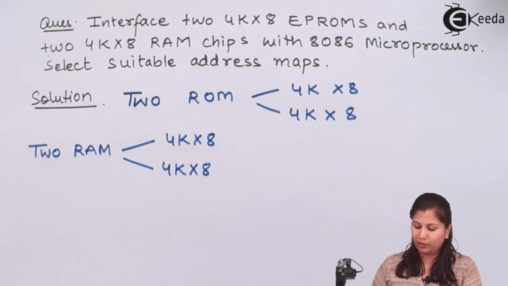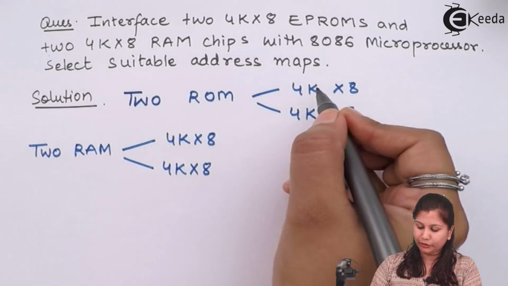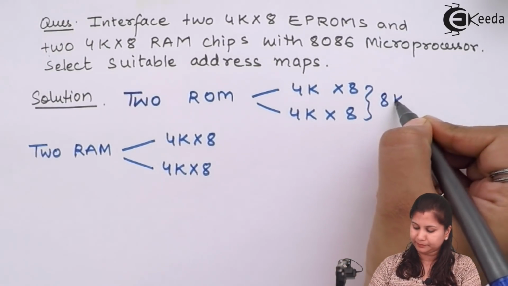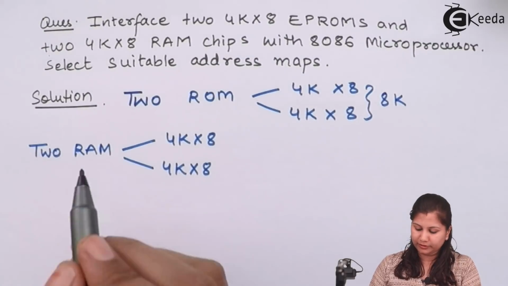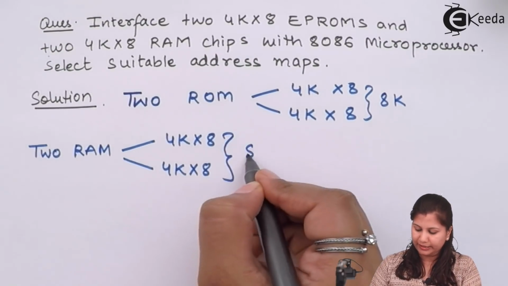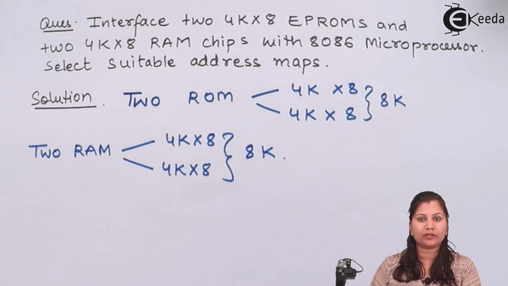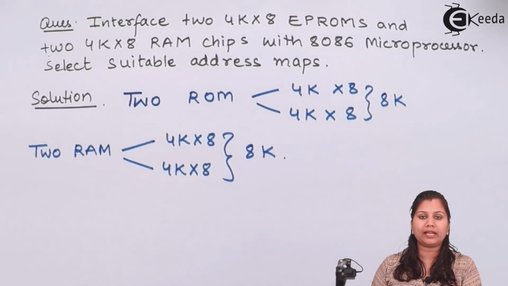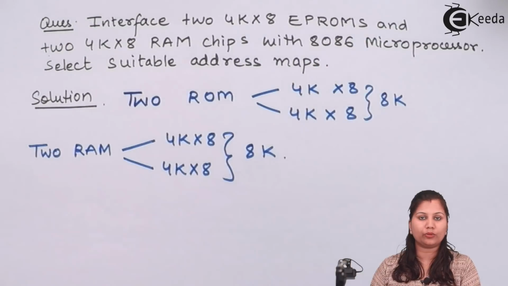So if we talk about the ROM, we are having total 8 kilobyte. And for the RAM, we are also having 8 kilobyte. So to address these memory chips, how many address lines of the 8086 microprocessor are required?